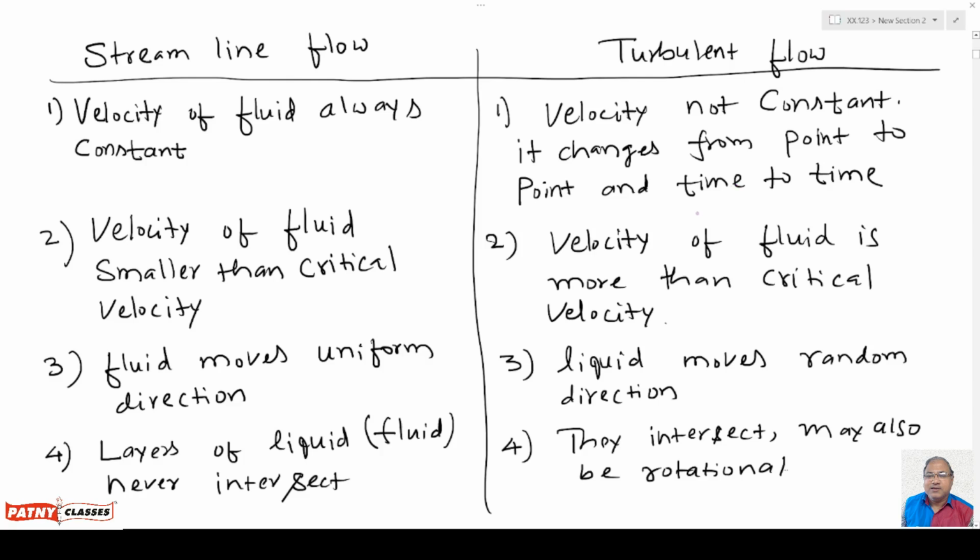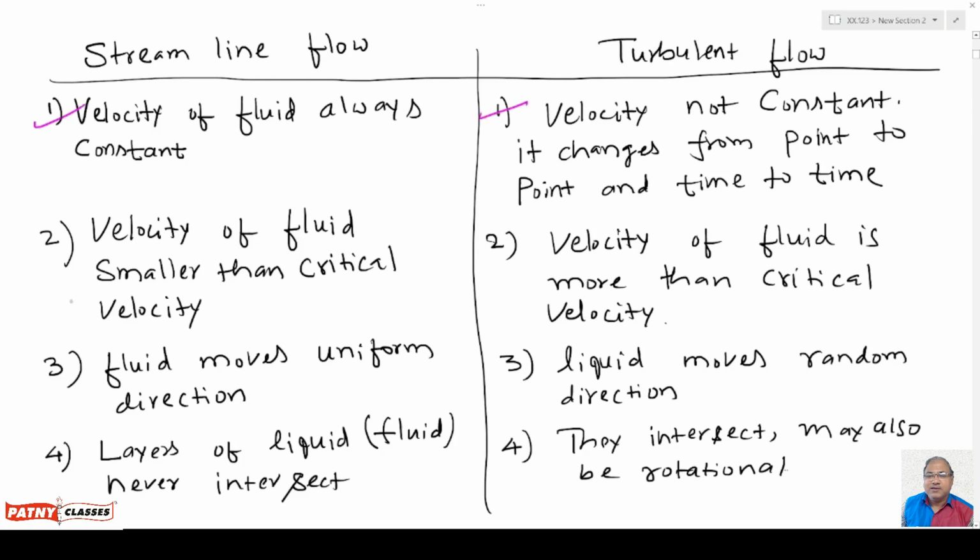As it flows from one point to another point, velocity may change, as well as from one time to another time. After some time, you will find another velocity. So that is a turbulent flow. So in turbulent flow, velocity is not constant. It changes from point to point and from time to time. This is the first distinction between streamline flow and turbulent flow.